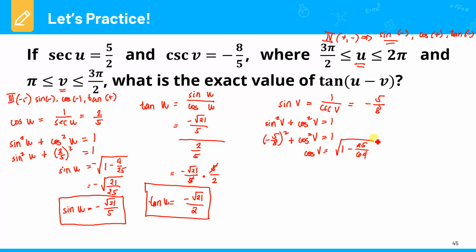Now take note, because it is in the third quadrant, the cosine is negative. 1 can be replaced by 64 over 64. 64 minus 25 is equal to 39, over the square root of 64, which is 8. So this is now our cosine v.